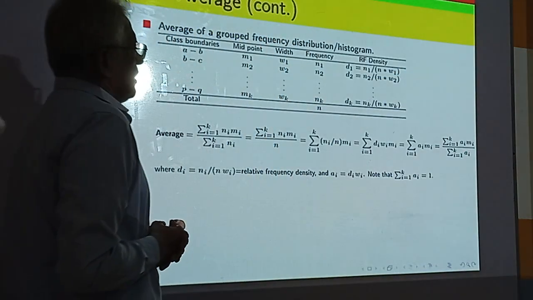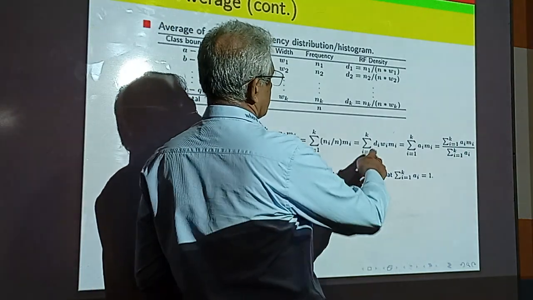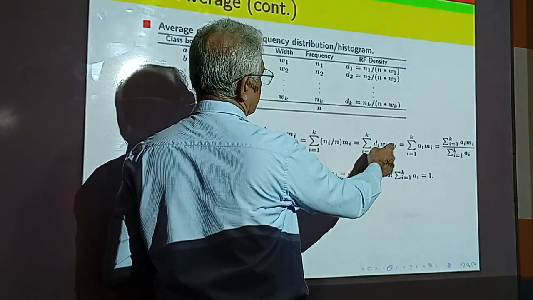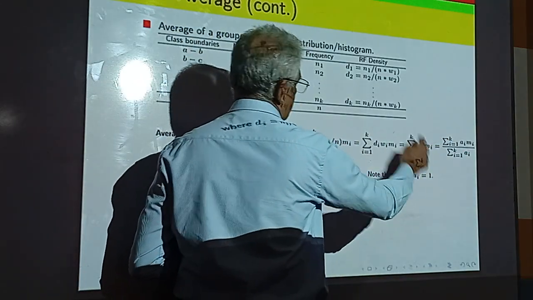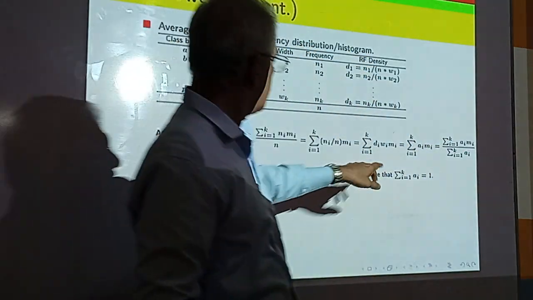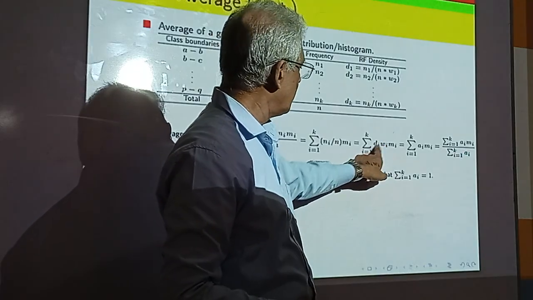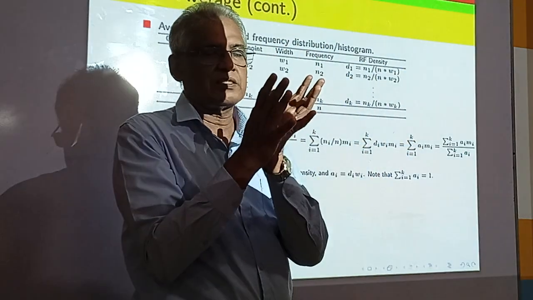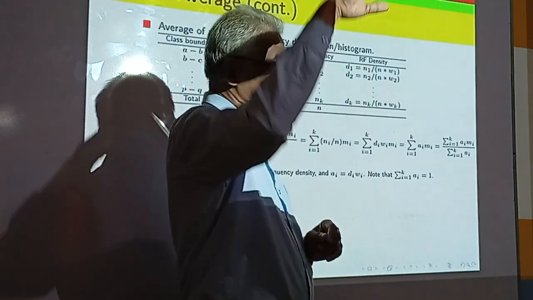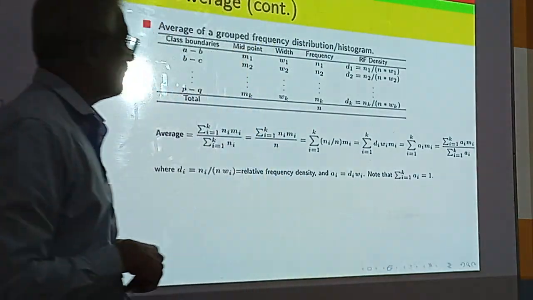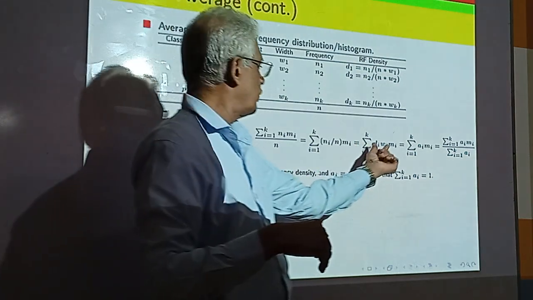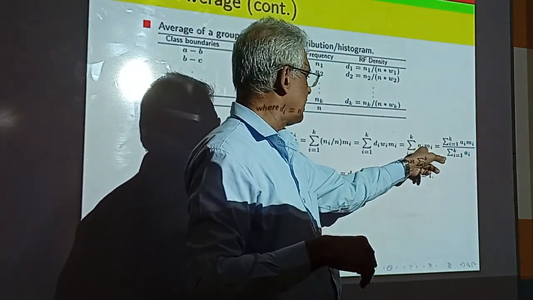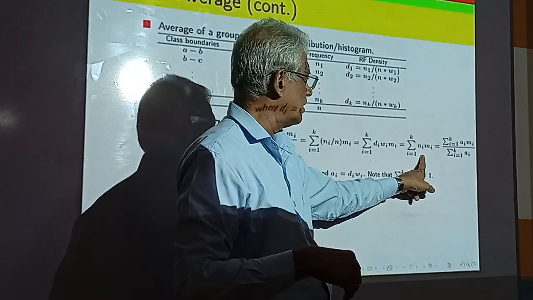So you can write it in terms of these densities and widths and middle values, or you can write it in terms of the areas in the histogram. di times wi will be the area of the ith column. di is the height, and wi is the width, and therefore di wi will be the area. So you can write it like that.